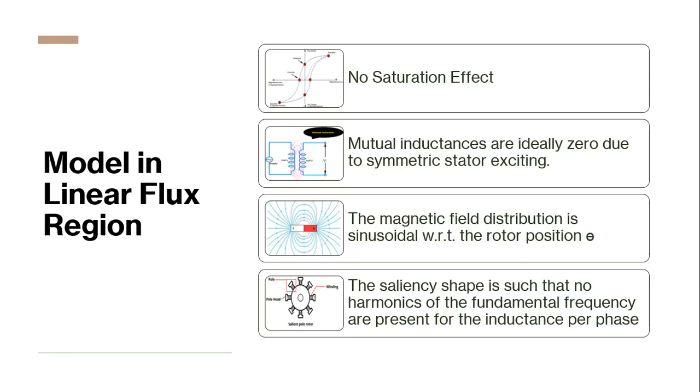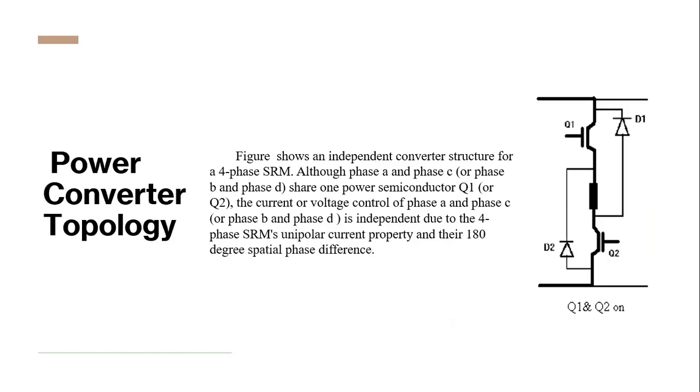The salient shape of the stator we also need because of the fundamental frequencies present in the induction per phase. If the fundamental frequency is not present, then in our power converter there is a back EMF effect, and our power electronics components do not run properly, or a malfunction effect occurs.